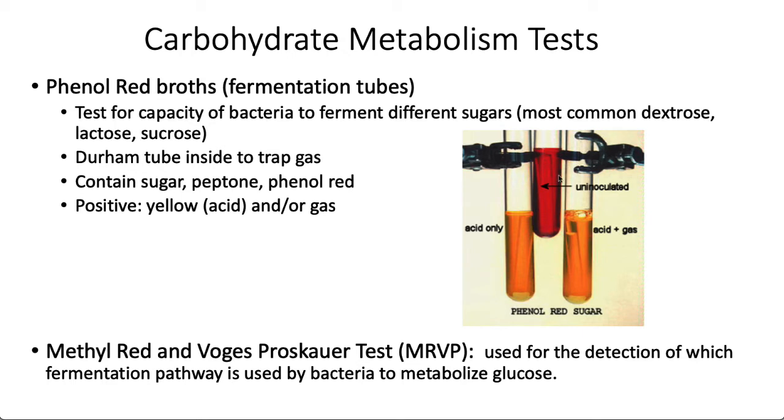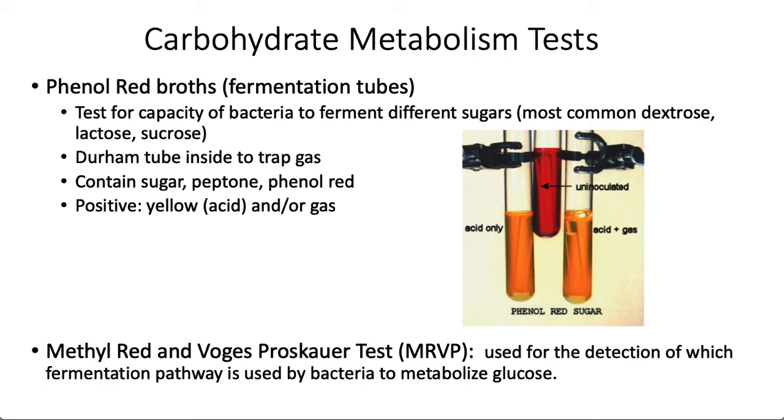And if you see in this slide in the middle, there is this red broth here, which is uninoculated. So the original, let's say, negative color is red. If a bacterium is able to ferment a sugar, then the color changes to yellow because the pH of the solution becomes more acidic, and that changes the color of phenol red.